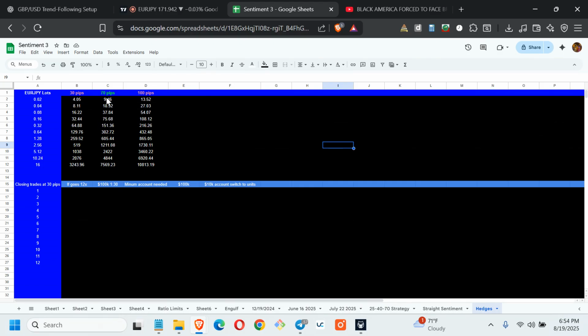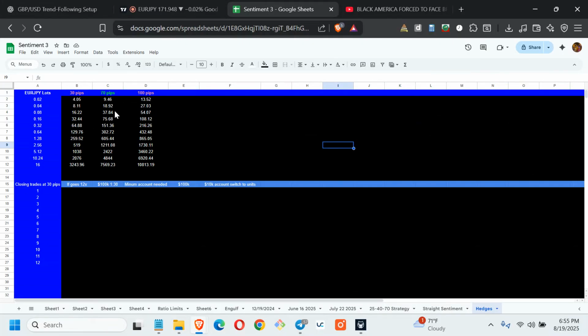Now, the amount that you make based off of what you lost, look at this. Let's say it only goes two times. The loss will be $4.05. The win is going to be $18.92. Look at the gap. And that's how it is as you go out. Let's say 37.84.